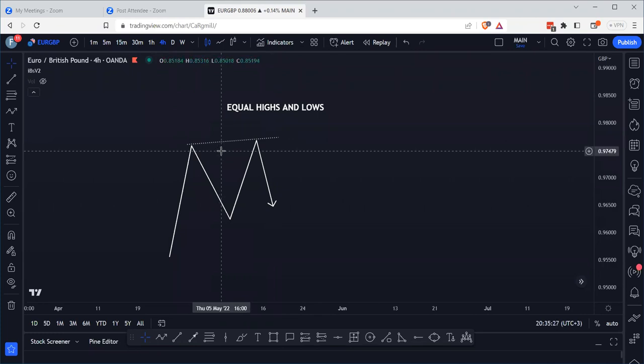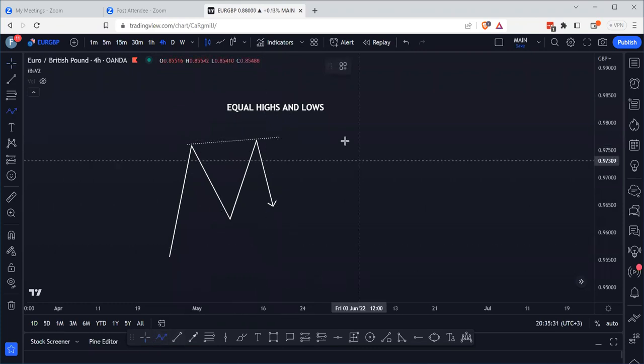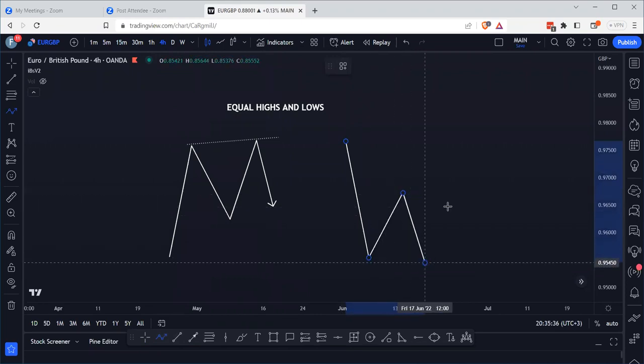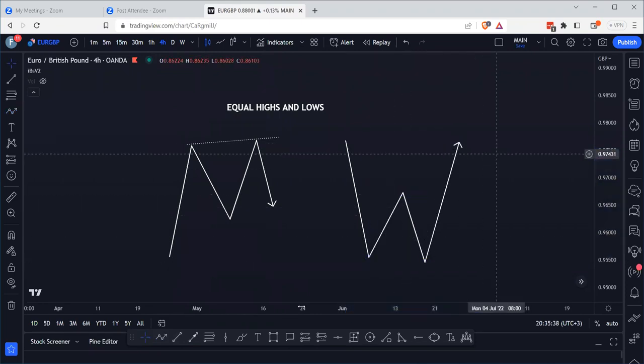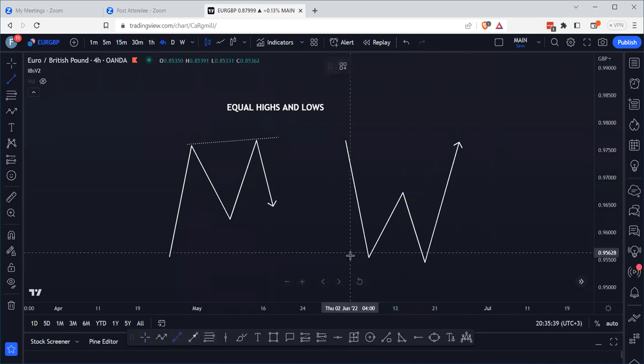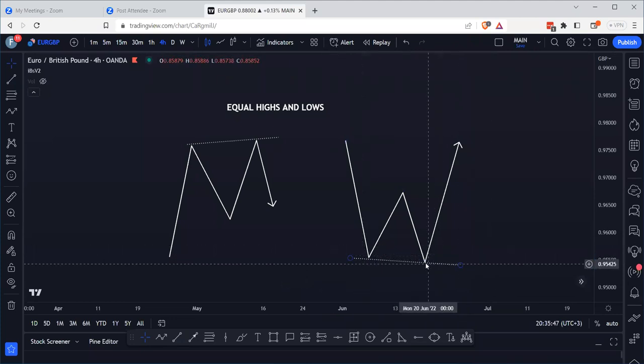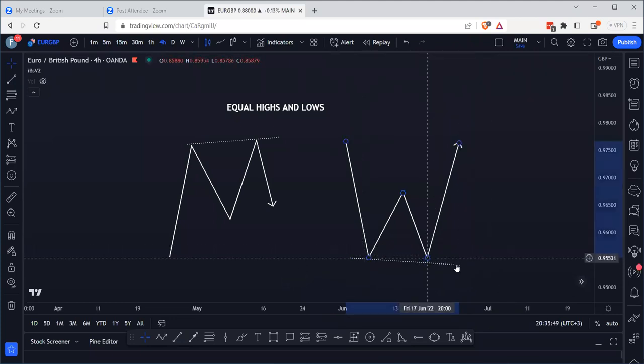And then something like this as well. Wherever you have market structure like so, equal highs and equal lows, it can be like this or exactly the same level.